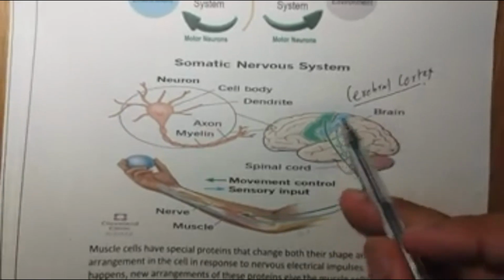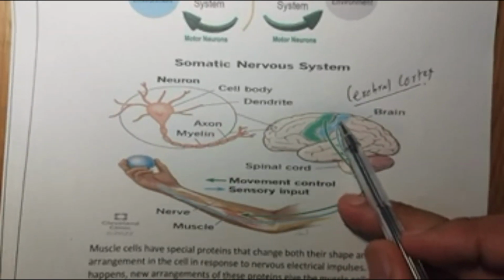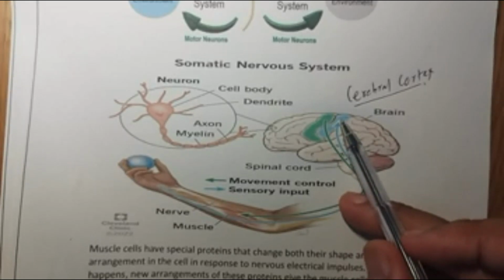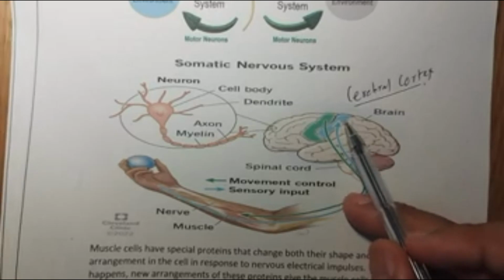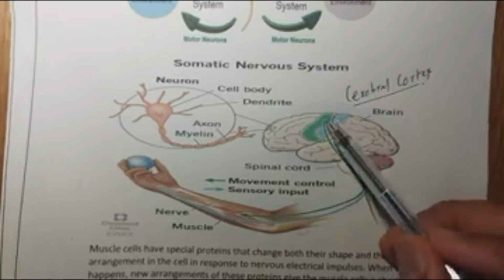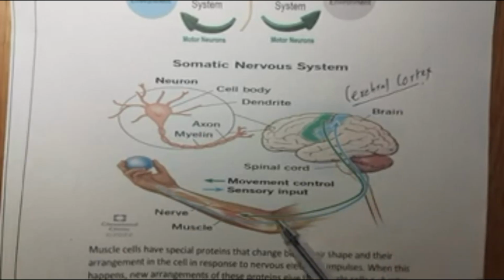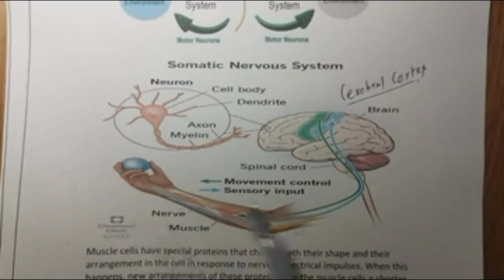Now it does processing of this information. It integrates it with information from other parts, also uses the existing stored information in the brain, makes a decision and sends the orders to the output neurons, and they cause actions.